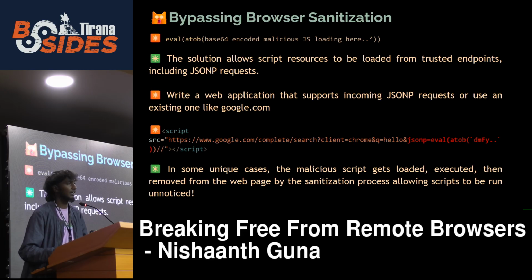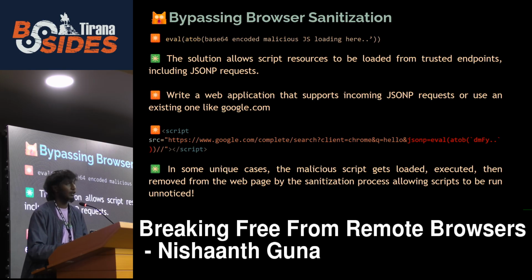So we crafted an XSS payload. We had the option to write a web application which would support JSONP, or just use an existing web application with JSONP support. Google's main web search page has JSONP support by default, and we just used that Google search queries URL to smuggle our XSS payload into the environment.